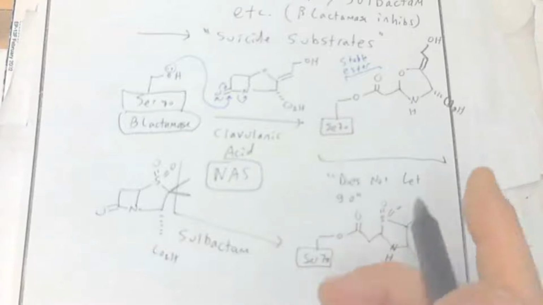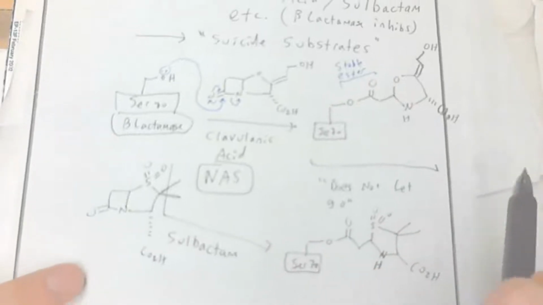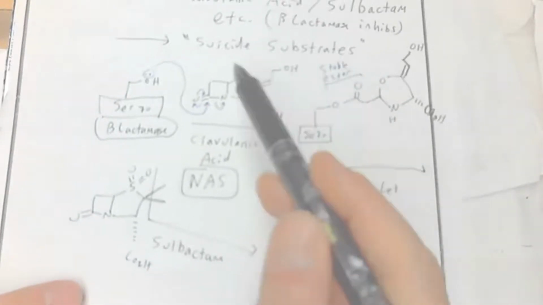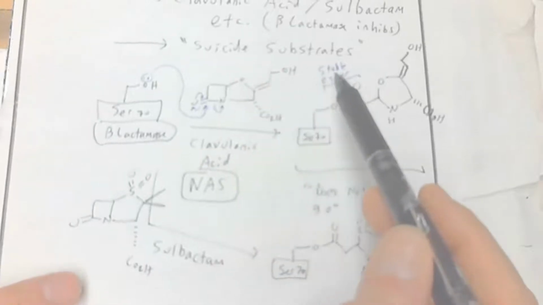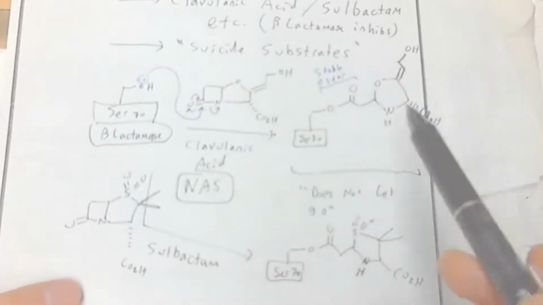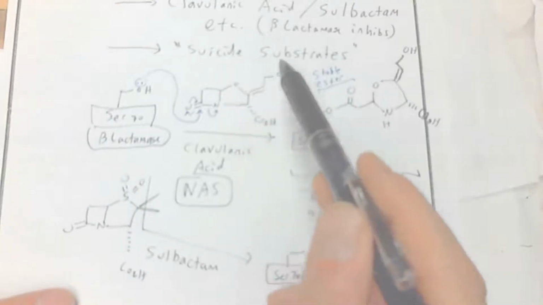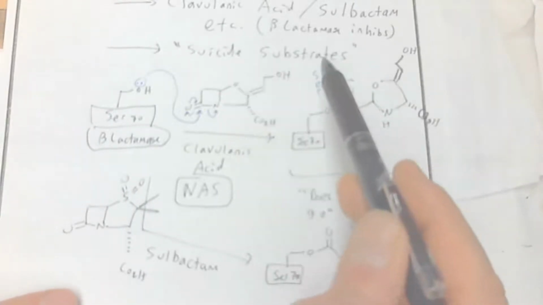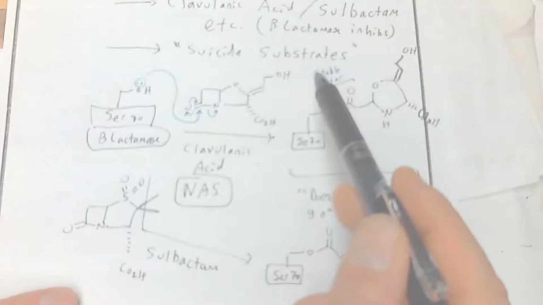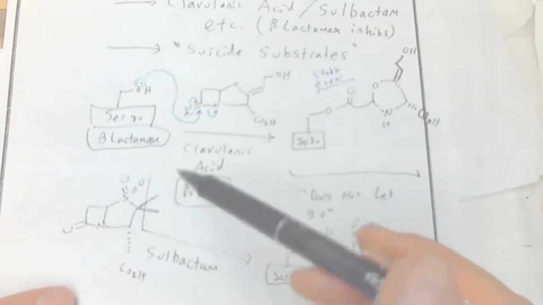Anyway, do you expect this to be a common type of drug? And what might be bad with a suicide substrate drug? Any guesses? If you're permanently modifying enzymes, that could be bad. There might be a toxic side effect or something like that, right?